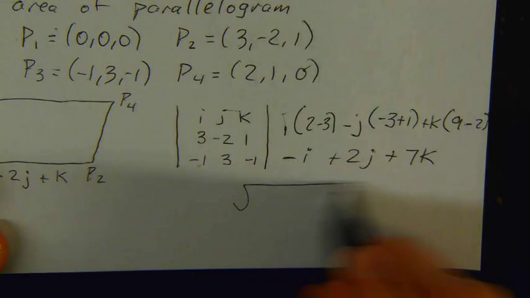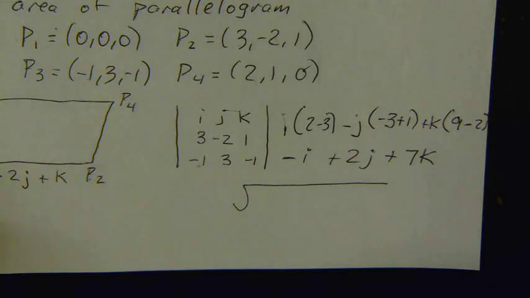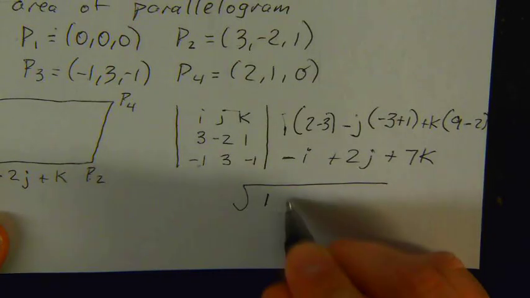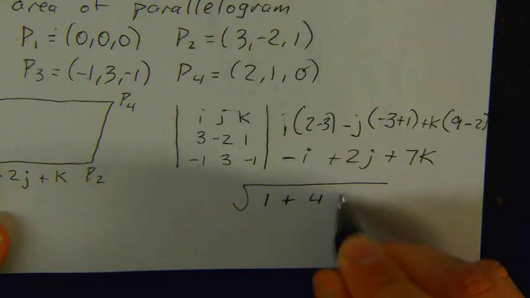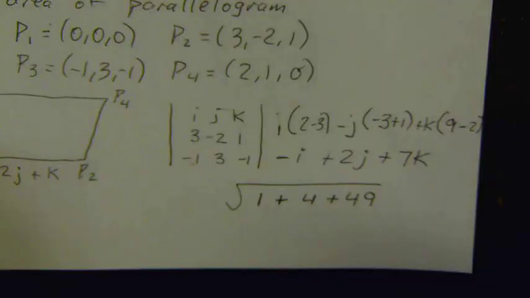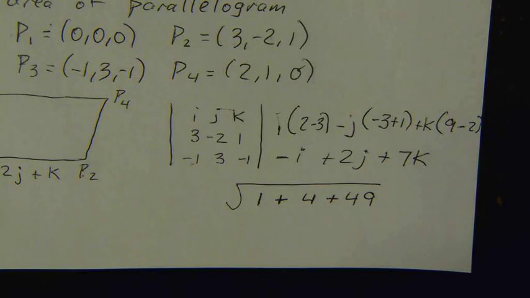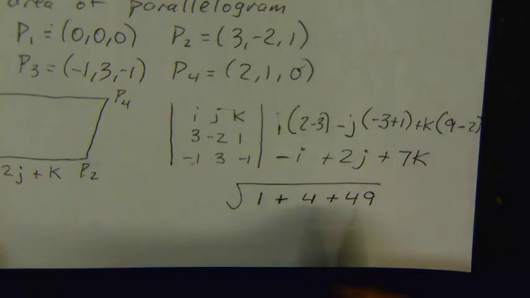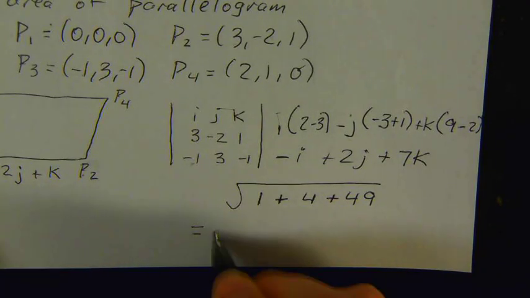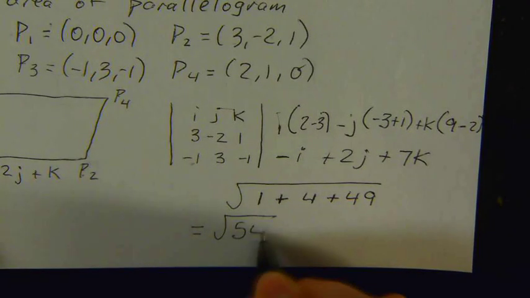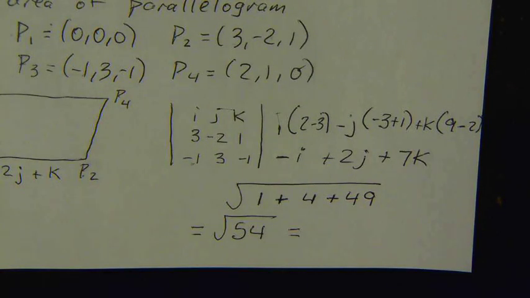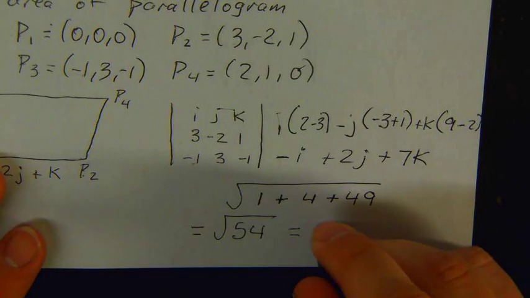Now I do the magnitude of that, which is the square root of the sum of the squares. So that'd be 1 plus 4 plus 49. That'd be 5 plus 49, the square root of 54, which we could write as 9 times 6 is 54, so 3 radical 6.